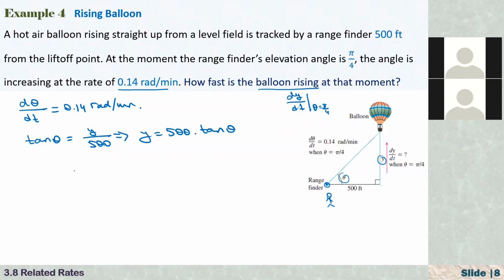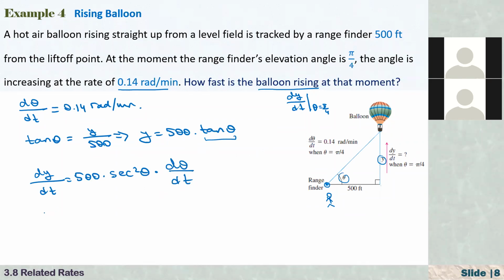Now if you differentiate both sides, theta is a function of t, right? So here we have dy dt is equal to, on the right hand side, 500 times the derivative of tangent with respect to theta, which is secant squared of theta, times, since theta is a function of t, d theta dt.